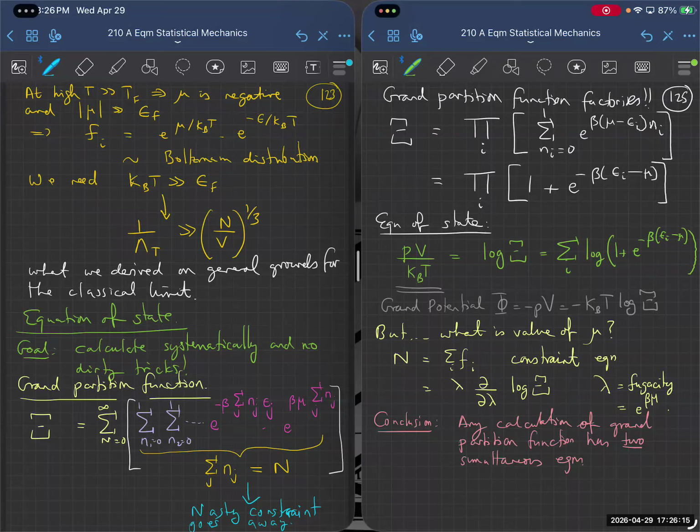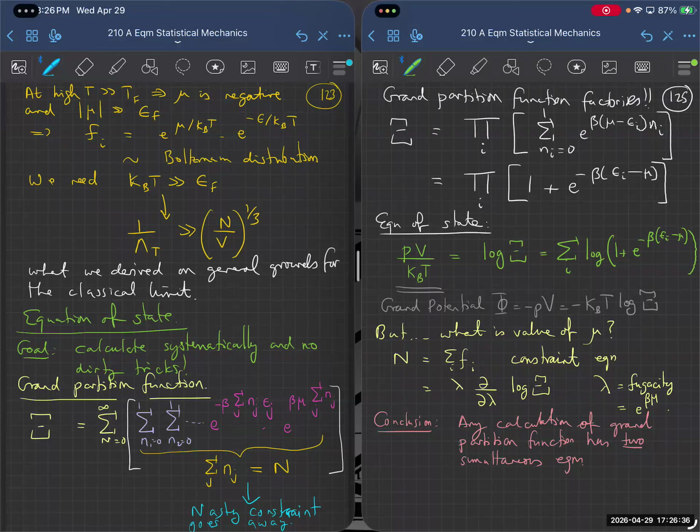No constraints. If I was doing the canonical distribution, I would have to say N is fixed, and if N is fixed, then all those sums have to be constrained, the occupation numbers have to sum up to N. In the grand canonical distribution, there's no constraint, and so the thing factorizes.